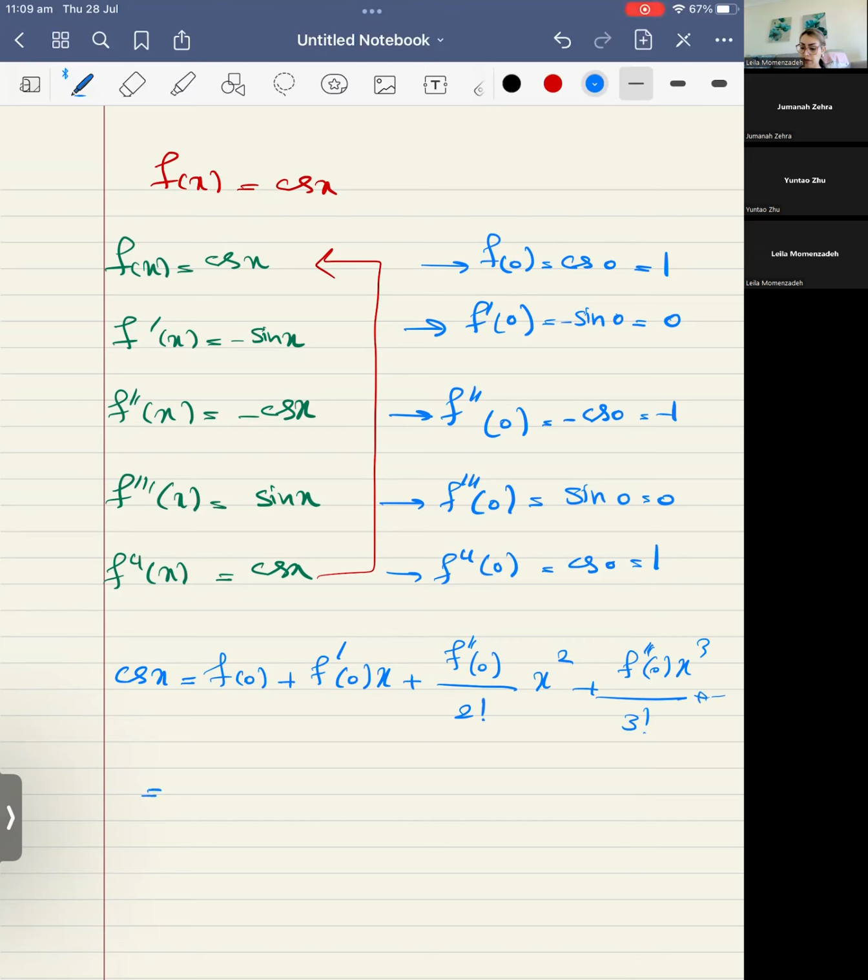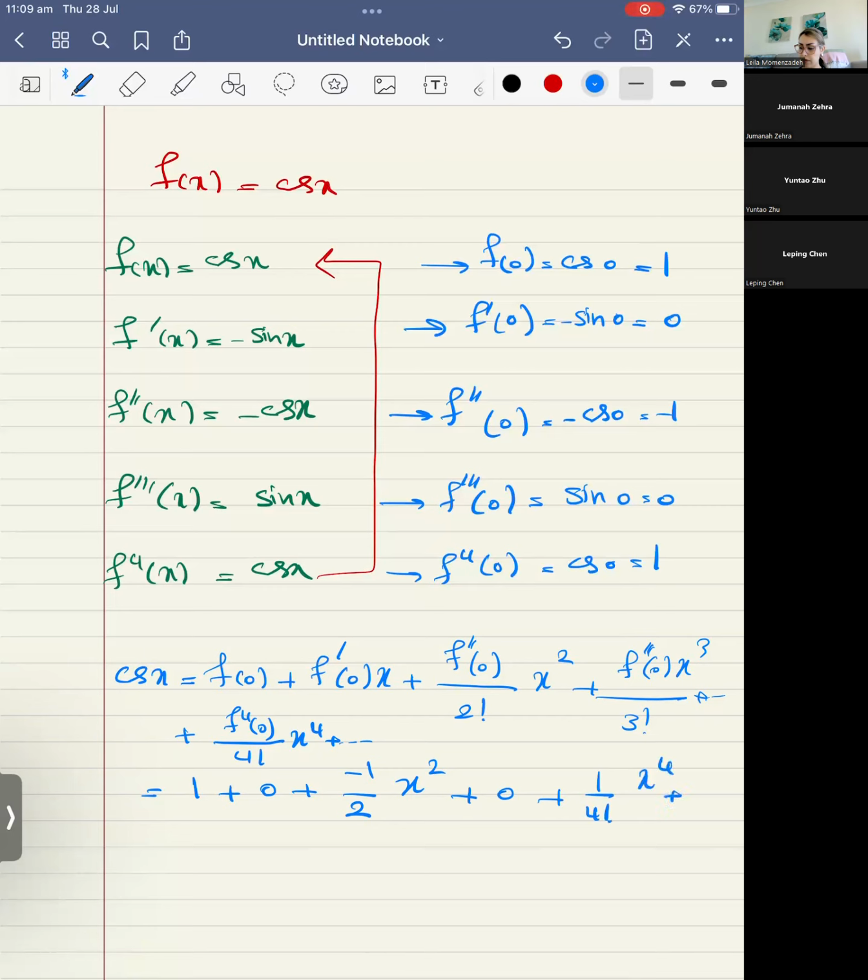It would be equal to 1 plus 0 plus minus 1 over 2 x squared plus 0 plus, if I write 4 here as well, plus f4 0 over 4 factorial x4.